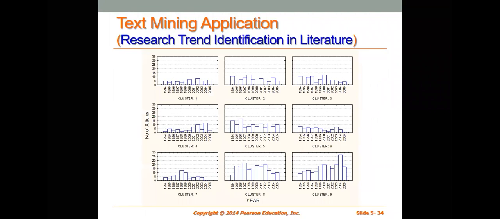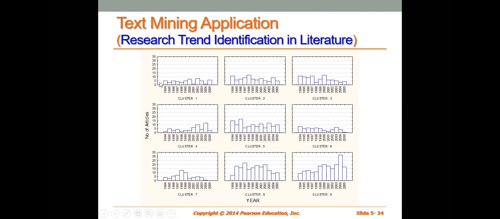So now see the research trend analysis. For example, in 1994, what is the trend of the research? In 2000, what is the trend? And in 2005, what is the trend? So you have different clusters, 1, 2, 3, 4, and these are numbers. On the y-axis, you have the number of articles, and on the x-axis, you have the years.